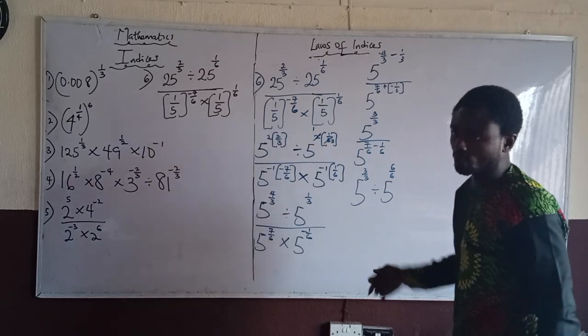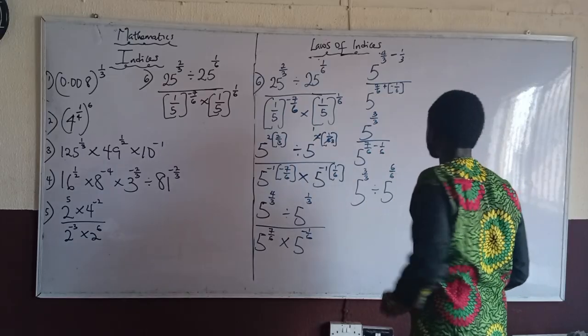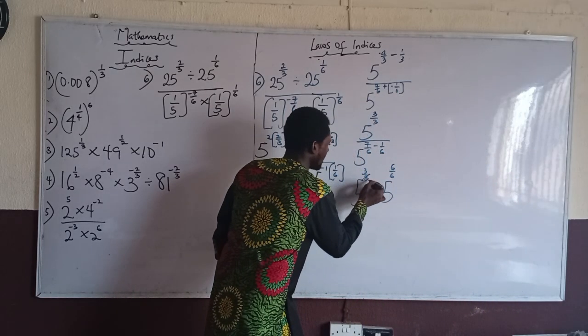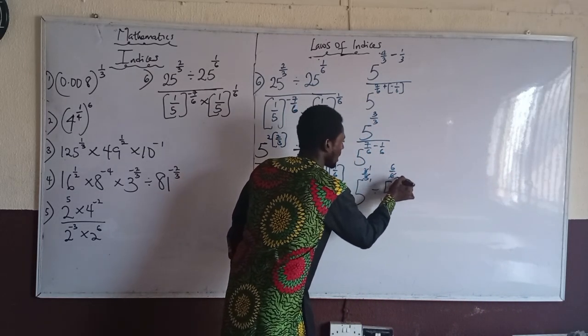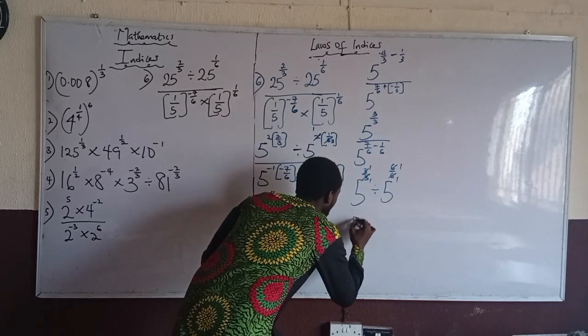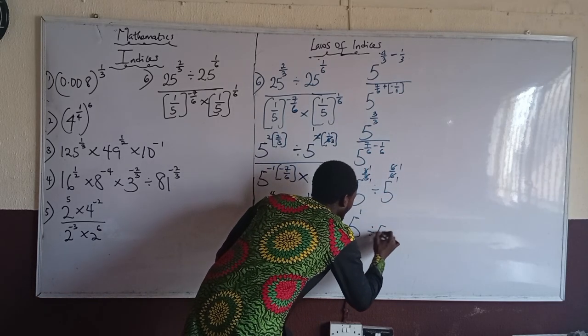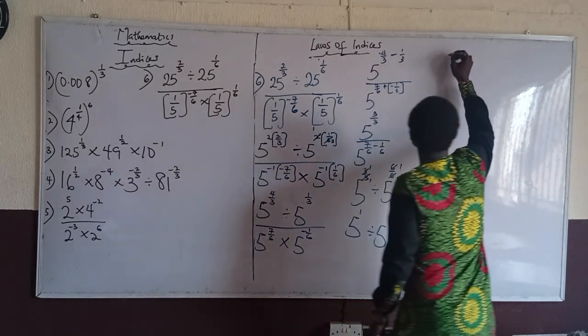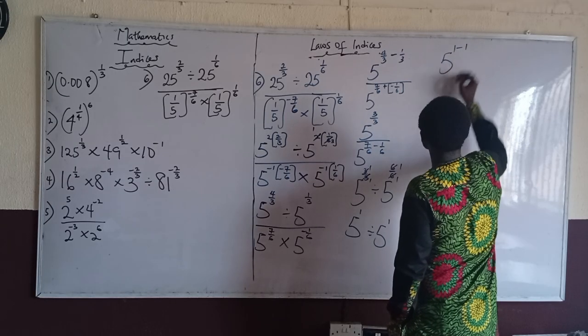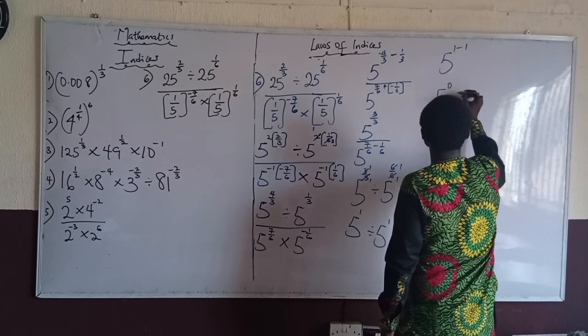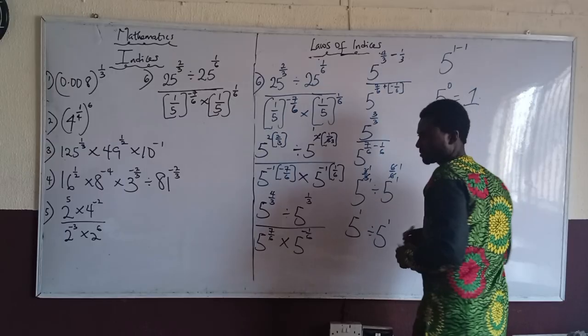Because I have the same denominator, I don't need to find the LCM. So 3 over 3 is 1, 6 over 6 is 1. Here becomes 5 raised to power 1 divided by 5 raised to power 1. It becomes 5 raised to power 1 minus 1. That is 5 raised to power 0, which is 1.